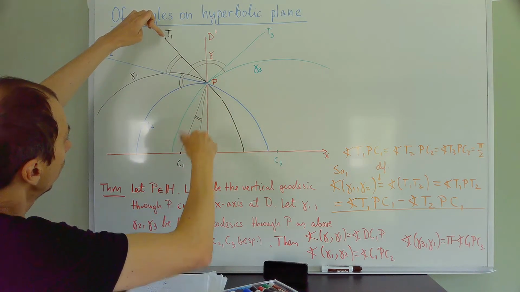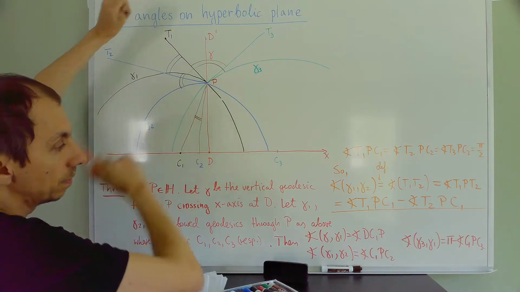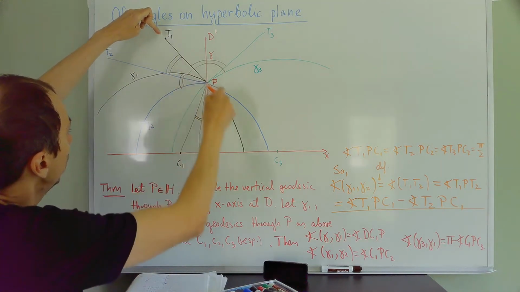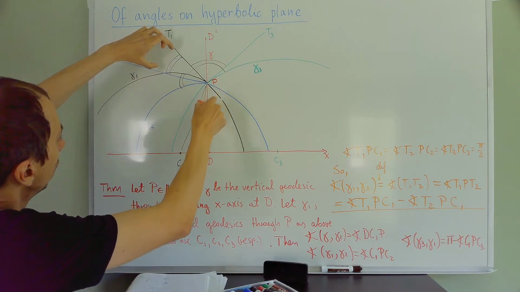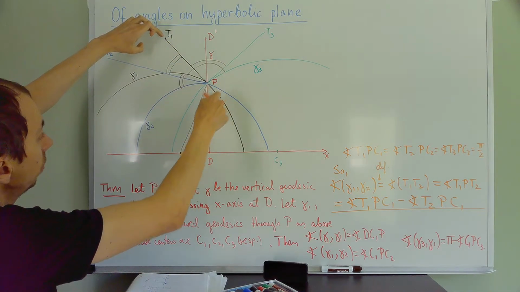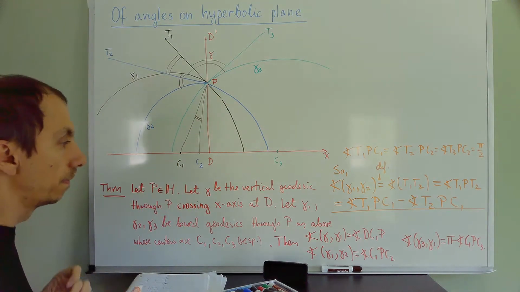So that's this angle minus that one here. Again, T1 P T2, that little angle, is T1 P C1 minus T2 P C1.